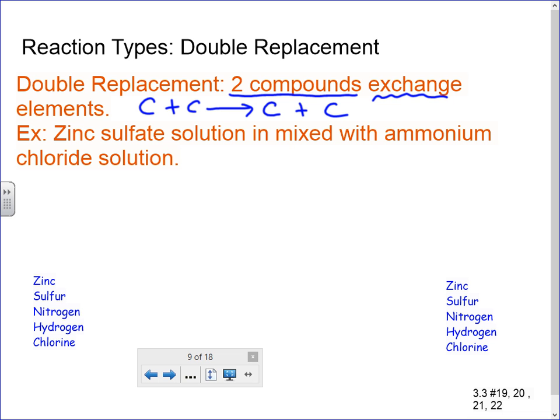So in double replacement, 2 compounds exchange elements, and we'll follow the same sort of rules as we did for single replacement. So we'll start by writing out my 2 reactants. It says that I have zinc sulfate solution mixed with ammonium chloride solution.